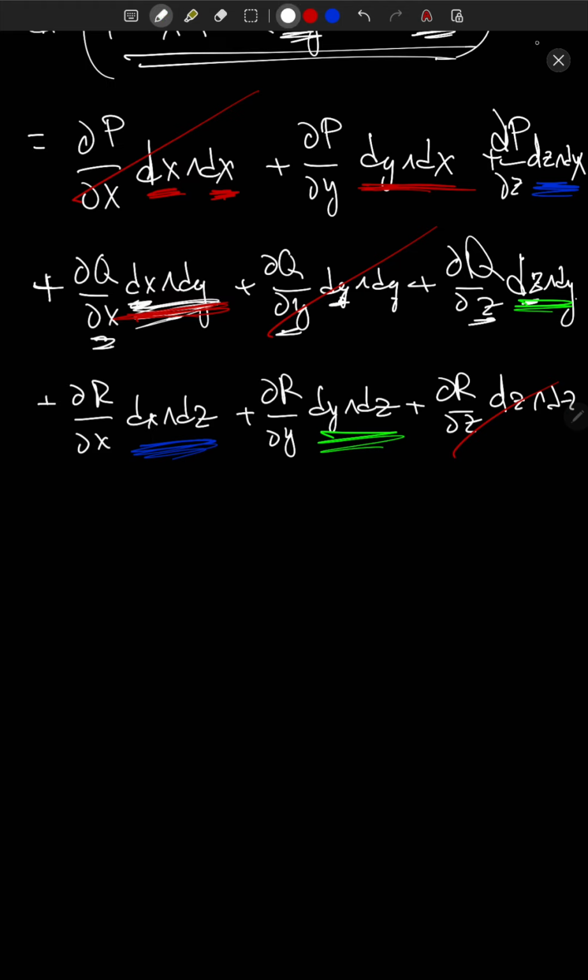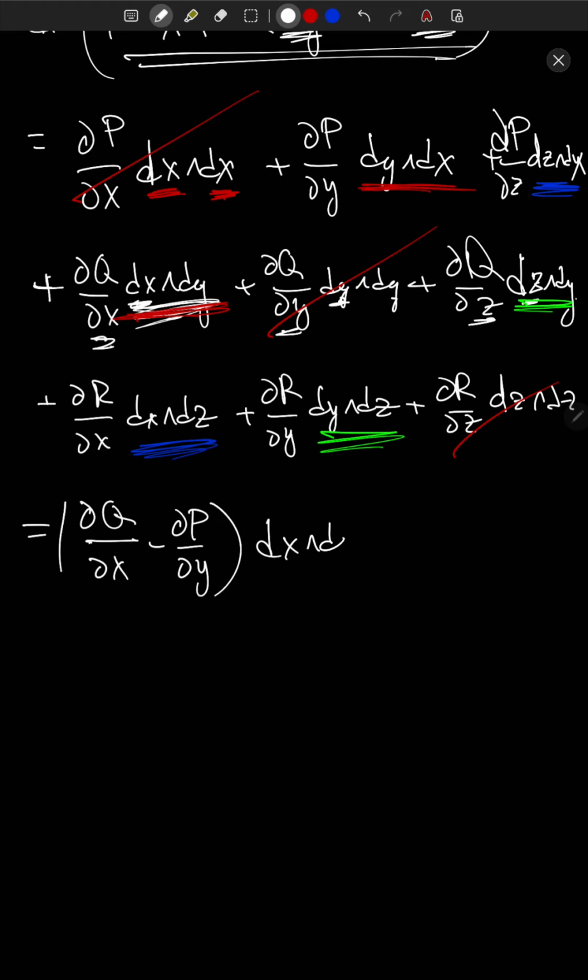So this is ultimately equal to dq/dx minus dp/dy, times dx wedge dy, where the minus sign comes from swapping the dy and the dx. Now let's write this as dr/dx.